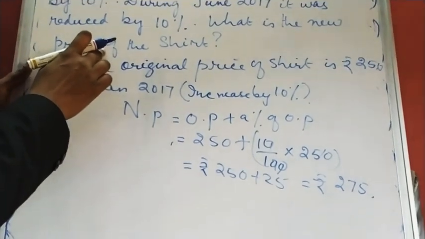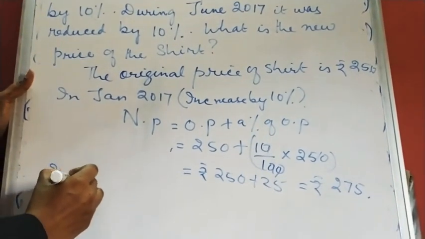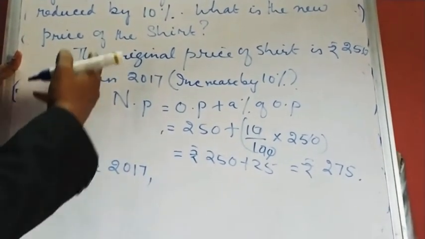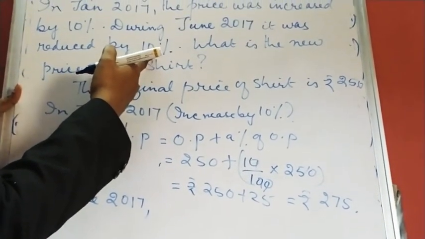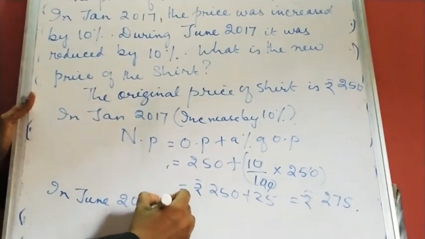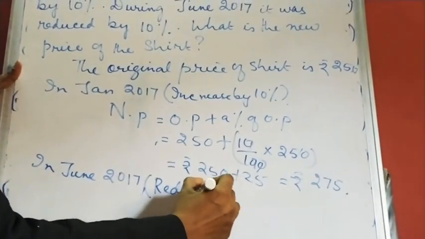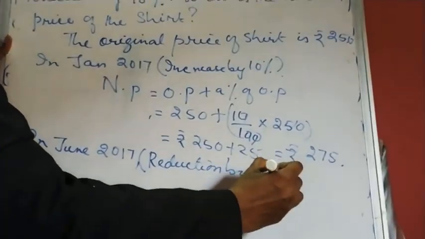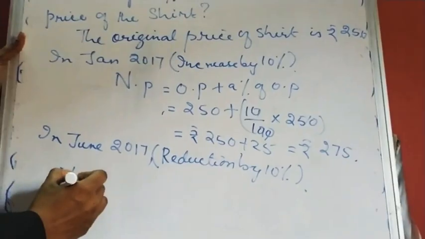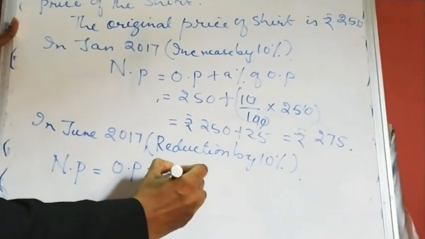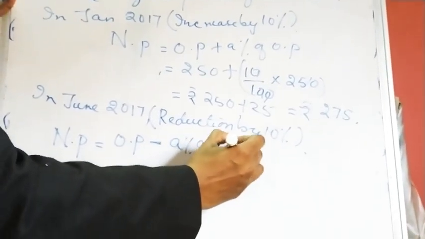The second part of the question says, in June 2017, there was a reduction in the price by 10%. So we can write here reduction by 10%. So what would be my new price? New price would be original price minus a% of original price.